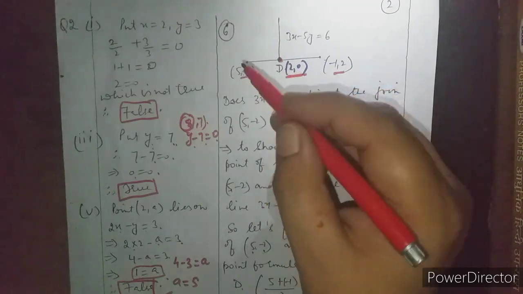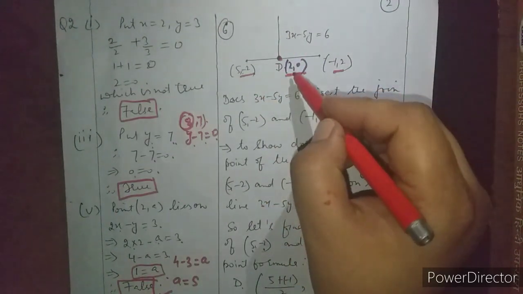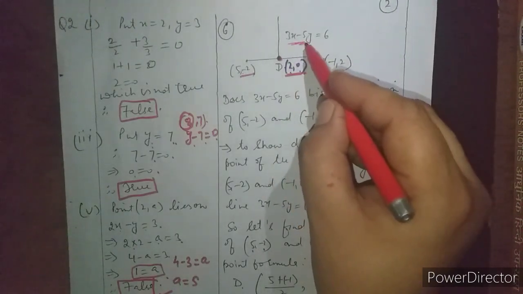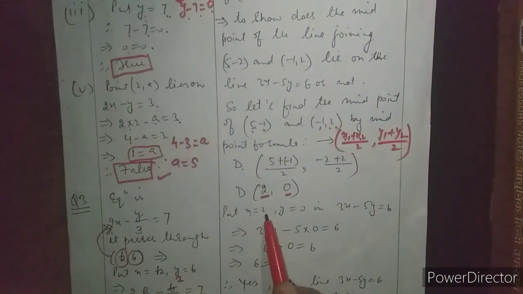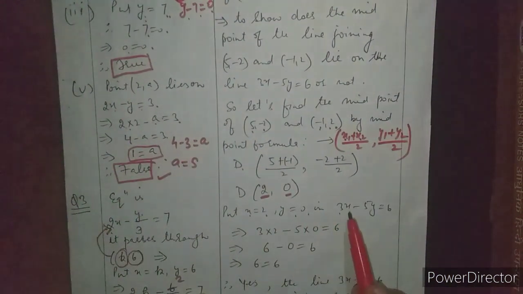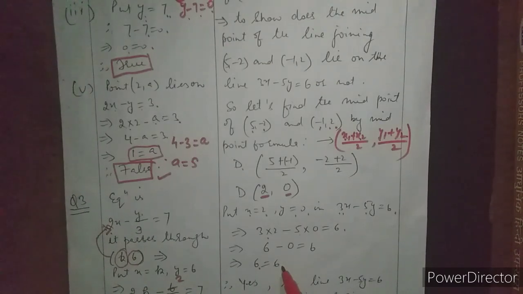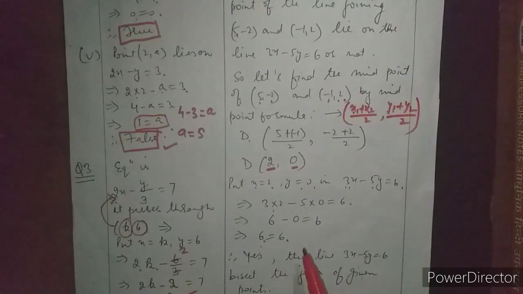So the same process which we have been repeating, we have to follow here: we will put the value of x to be 2 and y equal to 0 in the given line in which we are going to check. Okay, so put x equal to 2 and y equal to 0 in which equation? Which was given to us, 3x minus 5y equal to 6. At the time of putting, we will get 6 equal to 6. It means that the left hand side is equal to the right hand side, or the equation is satisfied.